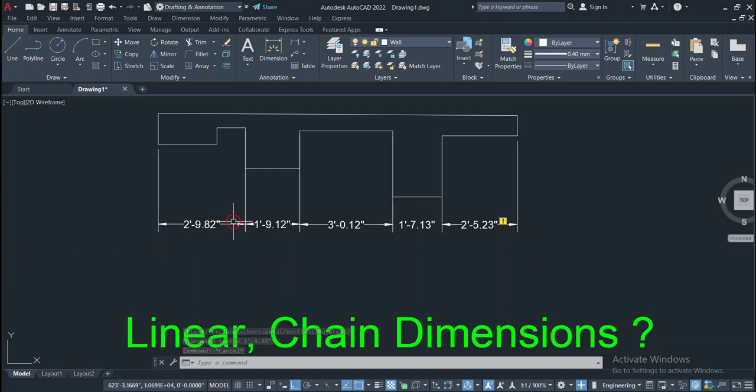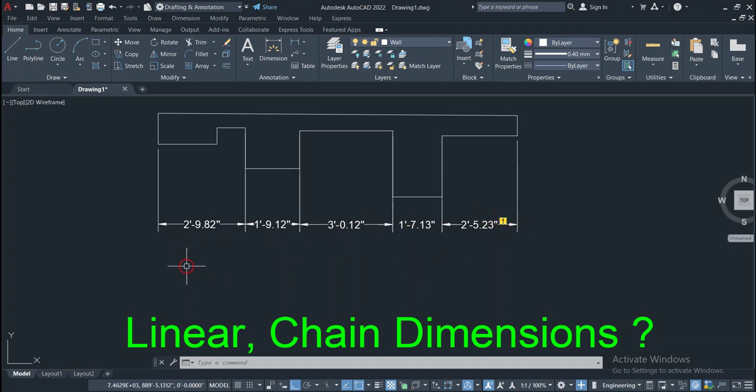This dimension adjacent to this is another dimension of this portion, and this is another dimension in a chain, meaning in a series, in a straight series. So this is what we call the chain dimensions, which are provided like a chain.